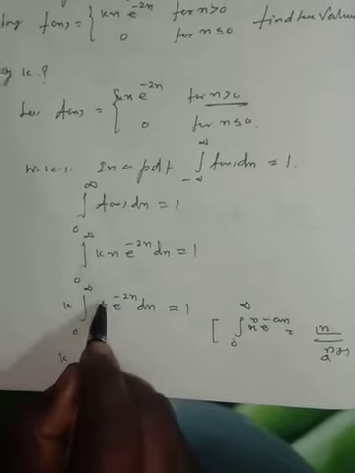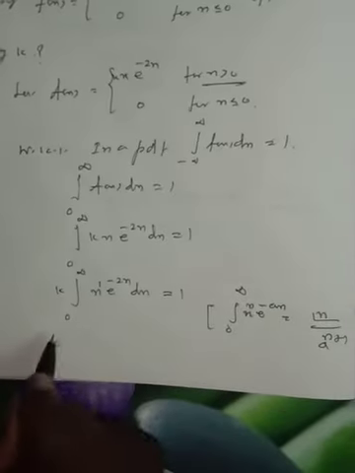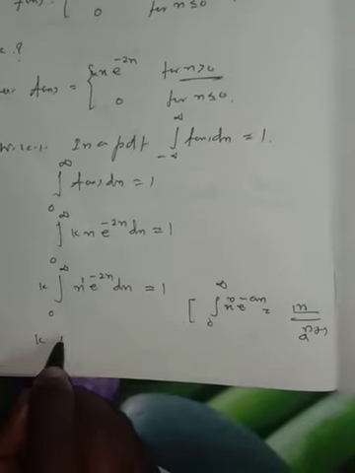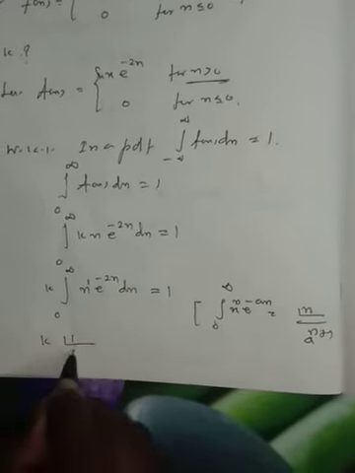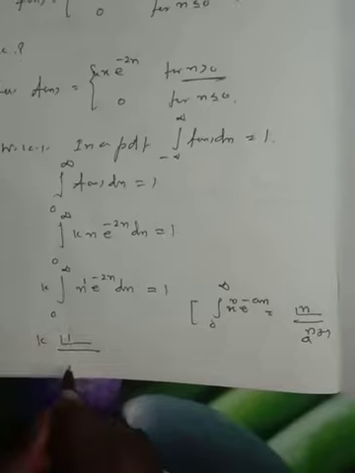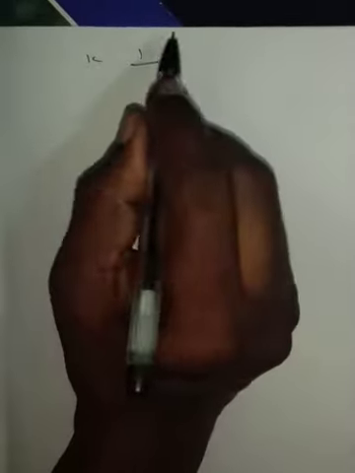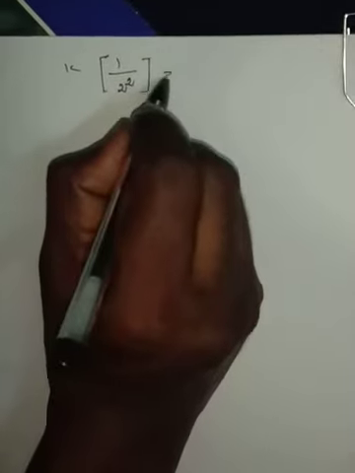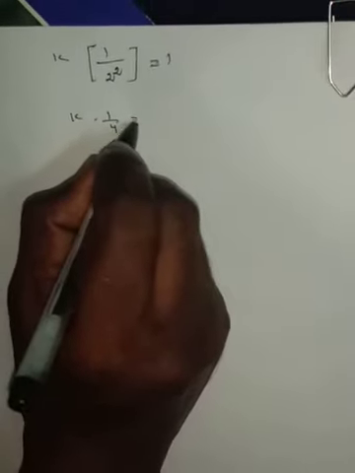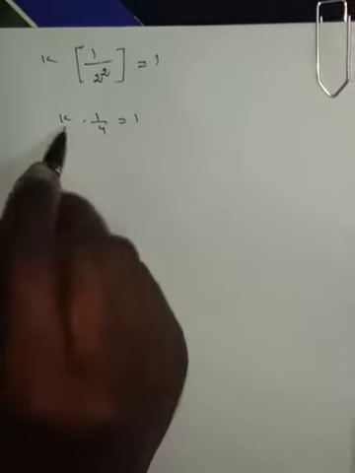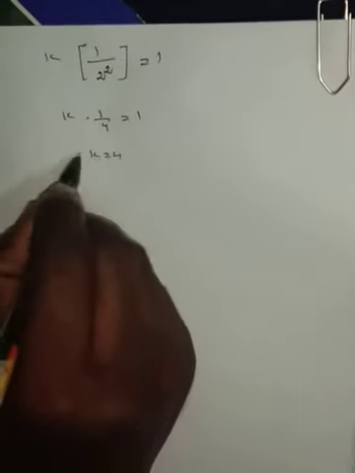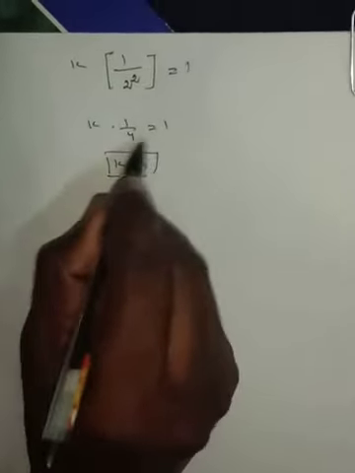In this case x means x power 1, so k into 1 factorial divided by 2 to the power of 1 plus 1 is equal to 1. 1 factorial is 1, divided by 2 squared is equal to 1. k into 1 by 4 is equal to 1. Cross multiplying, k is equal to 4.